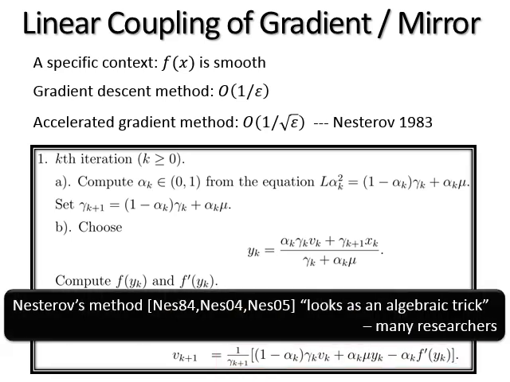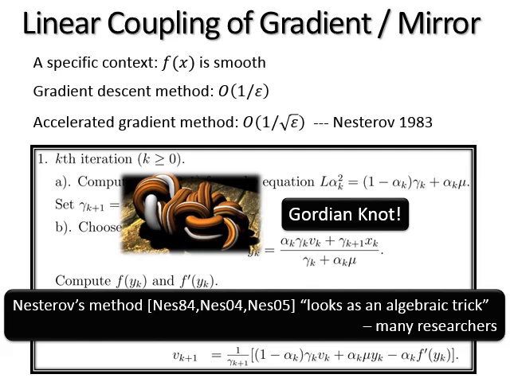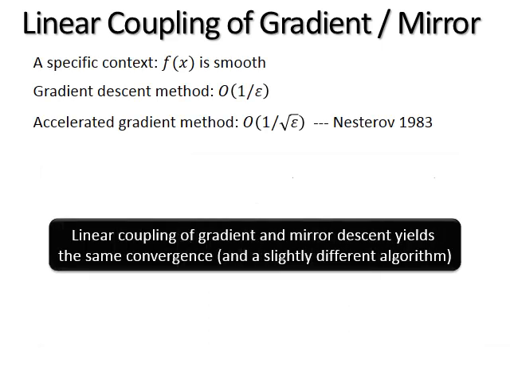Many researchers have regarded Nesterov's method as an algebraic trick, but I personally view it as an interesting Gordian knot. In other words, it's a very beautiful, very elegant knot if you have seen it in person, but unfortunately, it's very hard to unravel. In the rest of the talk, I'm going to use linear coupling of gradient and mirror descent to produce a method that has the same convergence rate as Nesterov's original method.